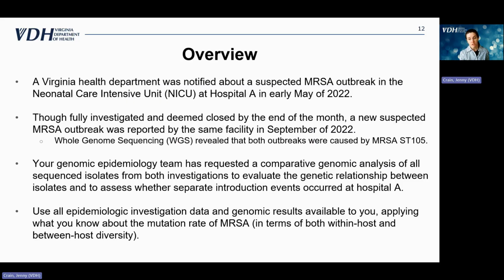So in many healthcare associated infections, we can have multiple samples from the same patient in different body sites. So you need to think about all of those things when you're analyzing this information that we're going to provide to you.